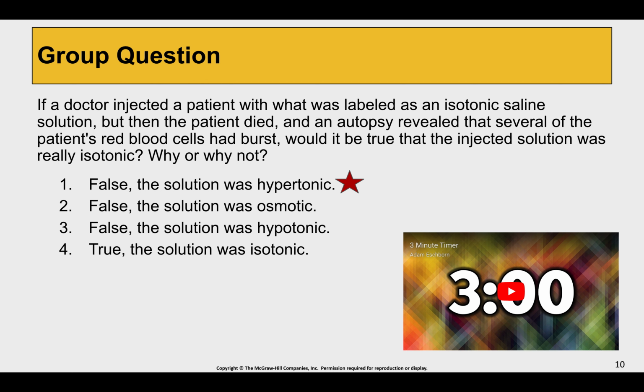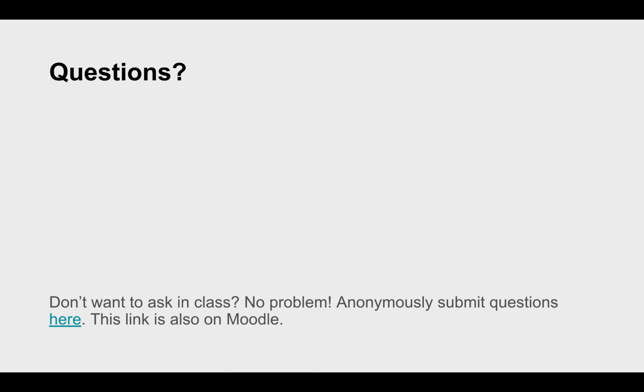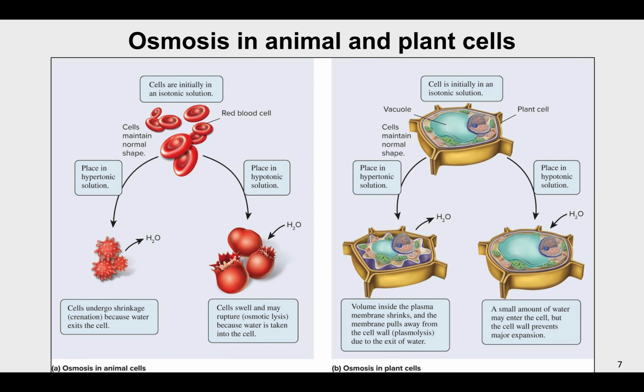Okay, I gotta think about this too. Let me move back to that slide because maybe I put this one backwards. Right, you're correct. If the cells had burst, they would be in a hypotonic solution. Oh, all right. So that's an extra added challenge here.